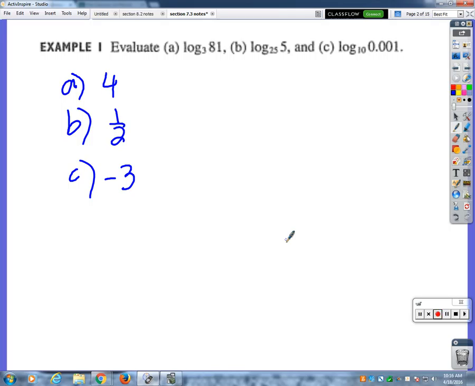So 10 to the -1 would be 1 over 10, which is a tenth. So 10 to the -2 would be, right?